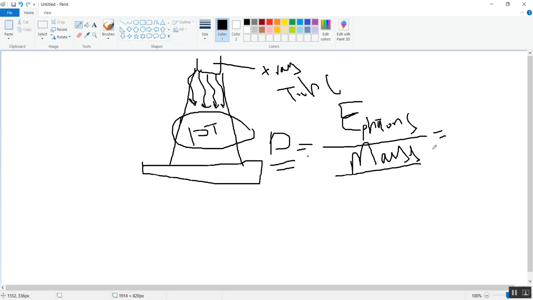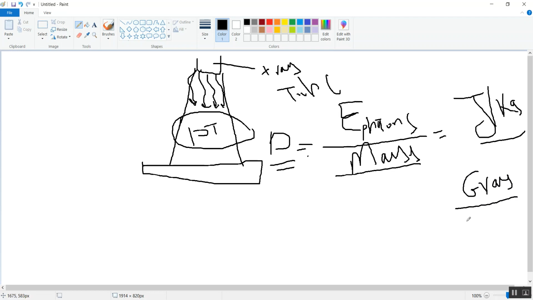So the absorbed dose is the total amount of energy of photons absorbed by the patient per unit of mass, okay. The unit of this absorbed dose is joule per kg, or in another term it is called Gray.